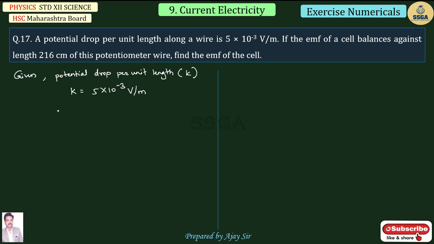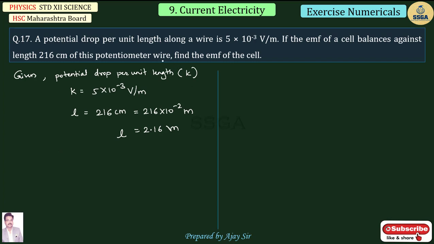This is given. Then balancing length, small l, 216 centimeter. So let us convert this 216 centimeter, which is in CGS unit, into meter, that is 216 into 10 raised to minus 2 meter. Therefore this is 2.16 meter. So this is small l, balancing length.